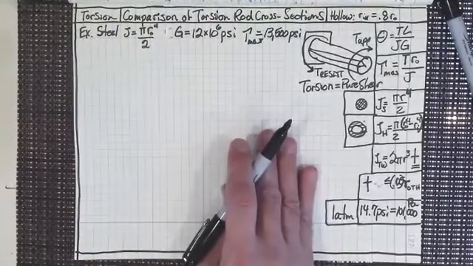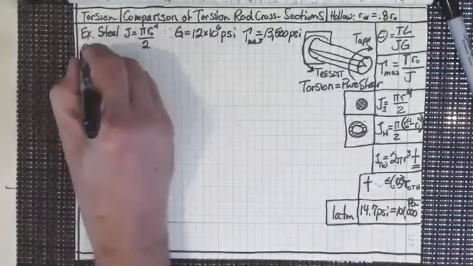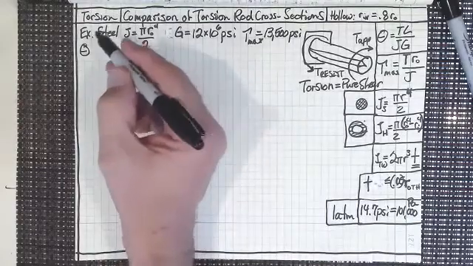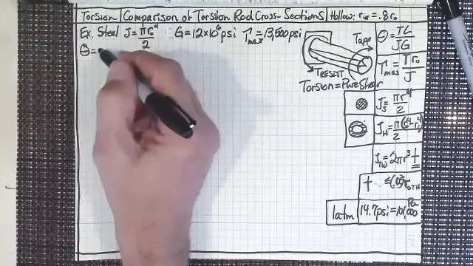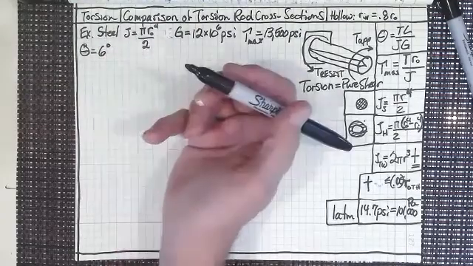So we've got those things. I'm also going to give you another thing. This is the angle of twist, or the angle of inclination. It goes by both names, angle of twist and angle of inclination, and it is going to be 6 degrees. Of course, we can't use degrees, can we?